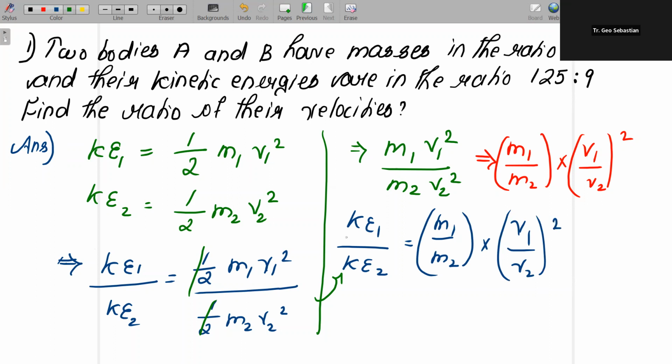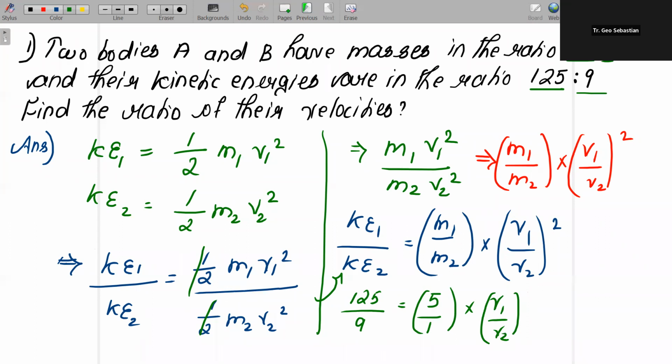Now children, listen carefully. What is kinetic energy 1? 125, right? Kinetic energy 2, 9. Please write that. 125 by 9 is equal to, what is mass 1? 5, mass 2, 1. 5 divided by 1 into v1 by v2 whole square. Am I right? Now it's easy enough. Those who know maths can solve this.